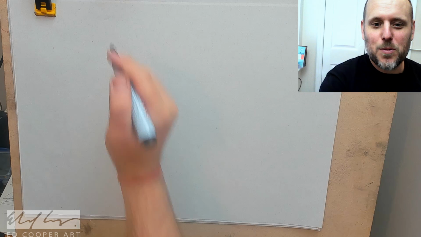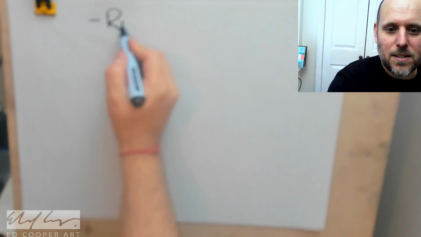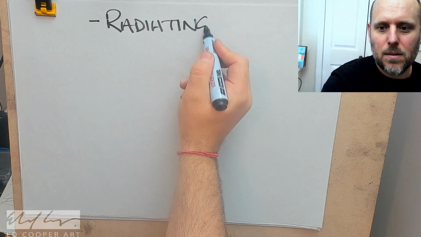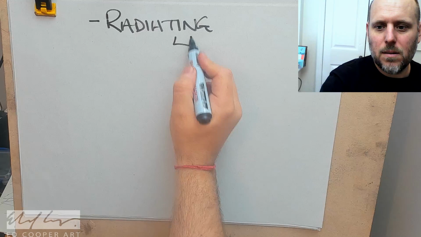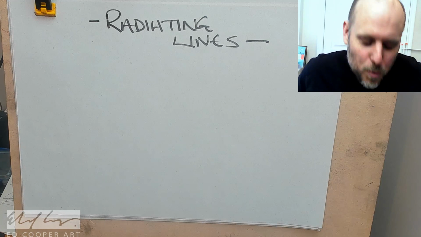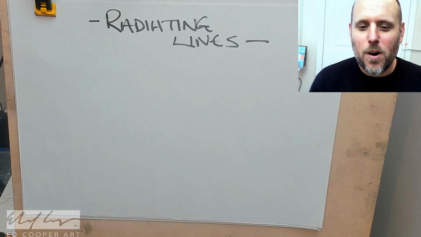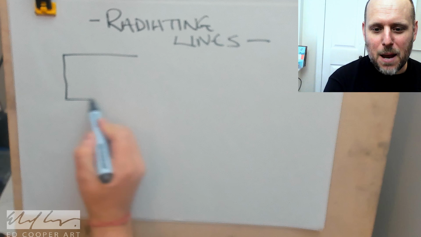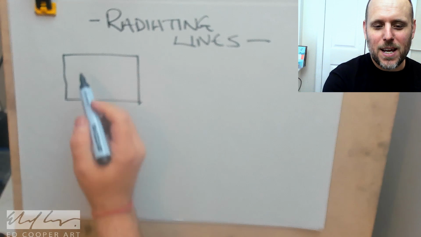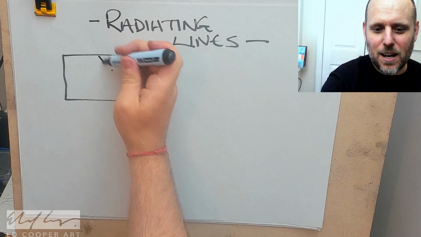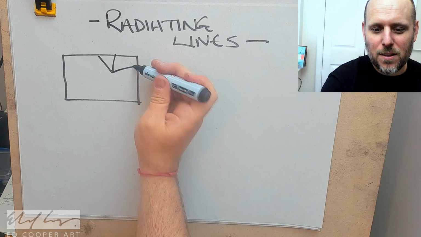And then the last one I was going to suggest was radiating lines. This, again, is a great one for making something out of nothing. In its most abstract form, if we take our rule of thirds, this is a bit like Teresa's walk down the path thing.